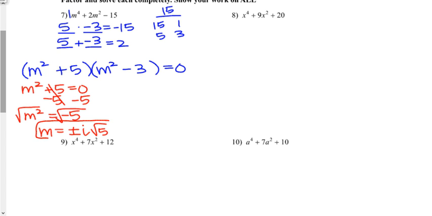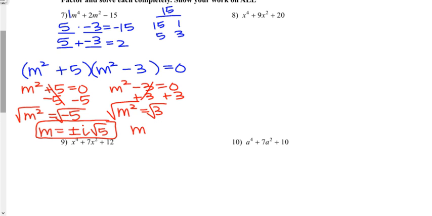Don't forget the i, don't forget the plus or minus. You can't simplify root 5, so we're just going to leave it as root 5. M squared minus 3 equals 0. I'm going to add 3 to both sides. I get m squared equals 3, and then I take the square root of both sides. M equals plus or minus root 3. Just leave it as root 3.